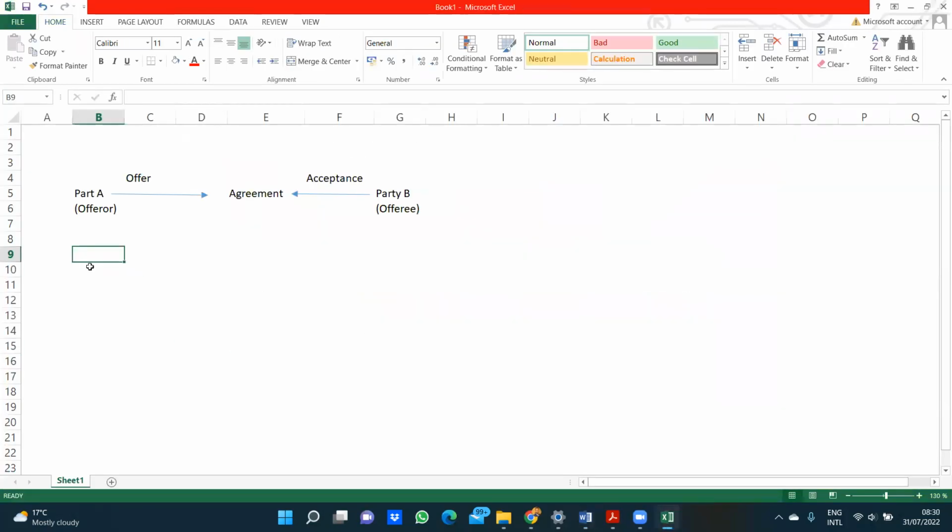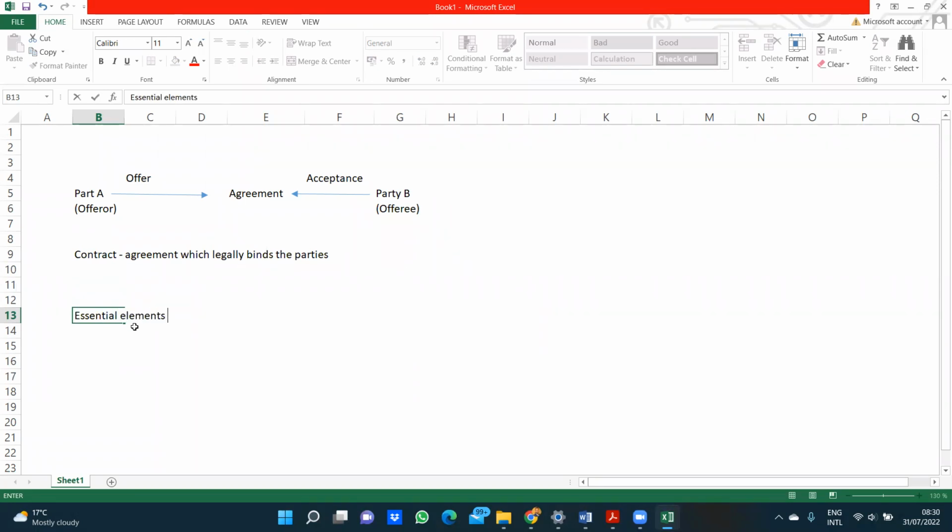So first of all, the contract: an agreement which legally binds the parties. And secondly, the essential elements of contract.